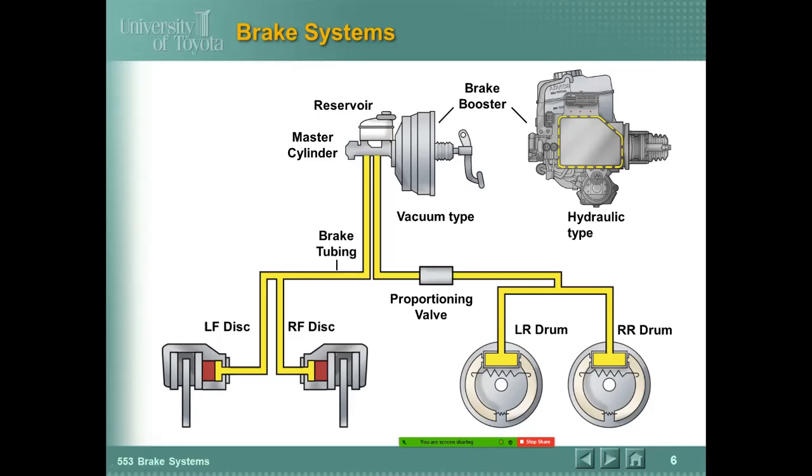When you step on the brakes, a majority of the weight of the car is going to dive down onto the front tires, loading them, and that's going to unload or take weight off the rear. We do not want the rear brakes to lock up, because if they lock up, especially when you're in a turn, you are going to spin out of control. So we don't want that to happen.